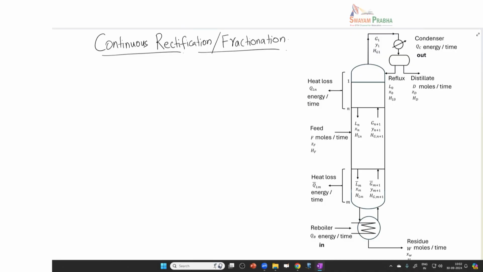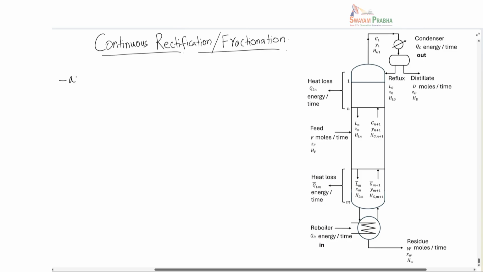Okay, so essentially this continuous rectification or fractionation is nothing but a multi-stage counter current distillation operation.